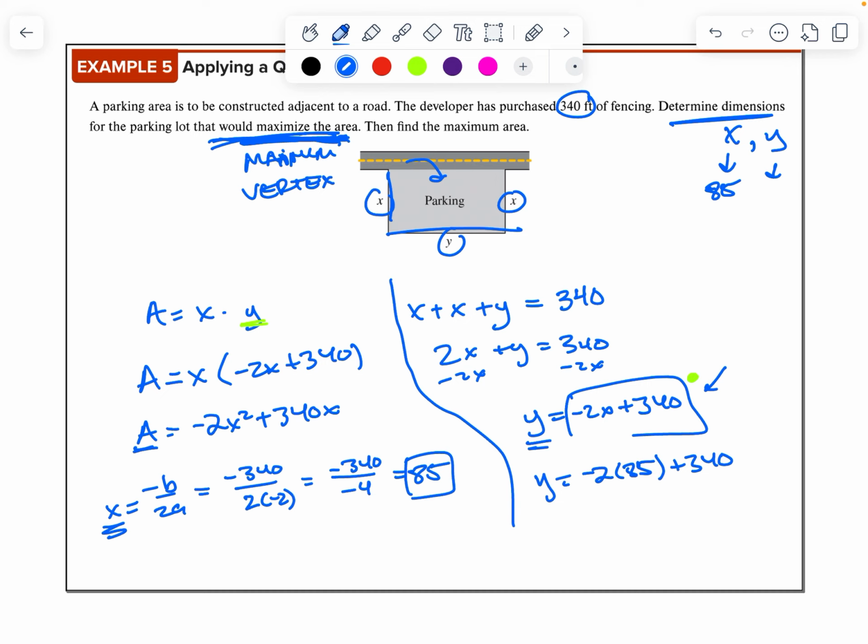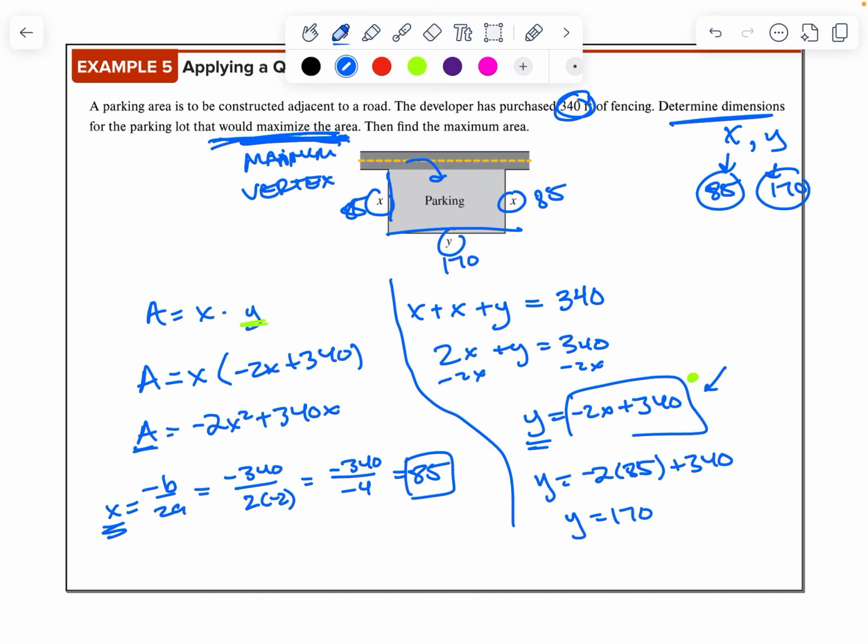And we can sort of do just a check here to make sure that our answers make sense. If this was 85, that was 85, and that's 170, do those add up to our 340 feet of fencing? Yes, they do. If I add those in the calculator, they do add to 340 feet. And then it says find the maximum area. Remember, area is just x times y.